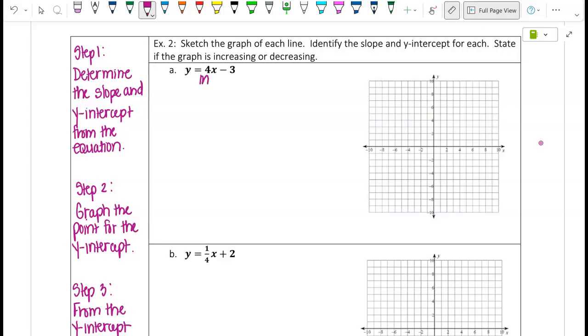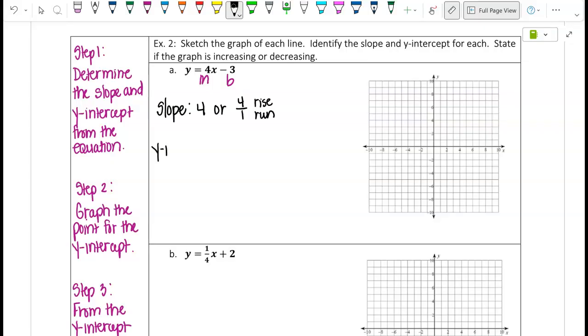So 4 is in the m spot, negative 3 is in the b, which means my slope is 4, or we really want to write that as a fraction because we need a rise and a run, so that would be 4 over 1, 4 being my rise, 1 being my run.